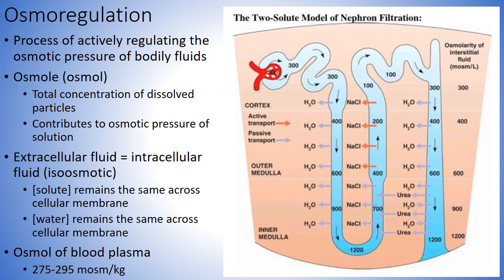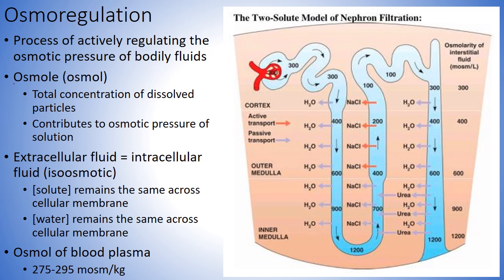Our kidneys will continually monitor not only blood volume, but also total body water. They compare the amount of electrolytes dissolved in the blood to the amount of blood volume or water that's also in the blood. They compare the two values, and the kidneys will then make adjustments to help maintain homeostasis.